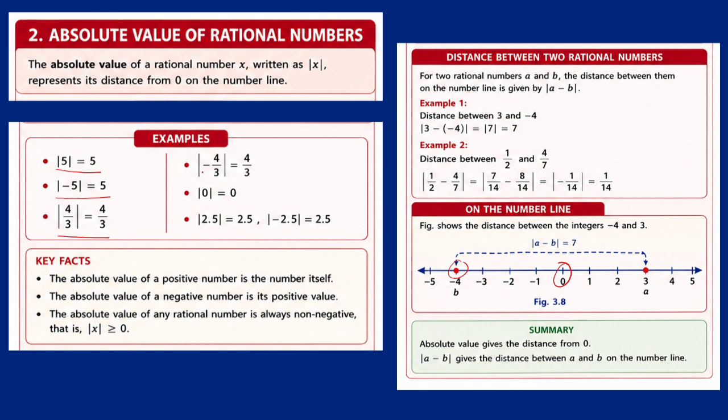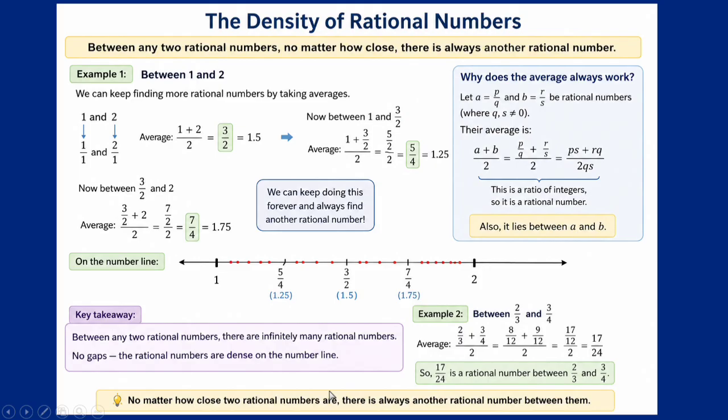Absolute value of a negative fraction -4/3 is also a positive fraction, 4 over 3. And absolute value of 0 is 0. And absolute value of any decimal, positive or negative, is always a non-negative number. So you have to remember that these values could never be negative. It is always positive because it determines the distance from the center to that point.